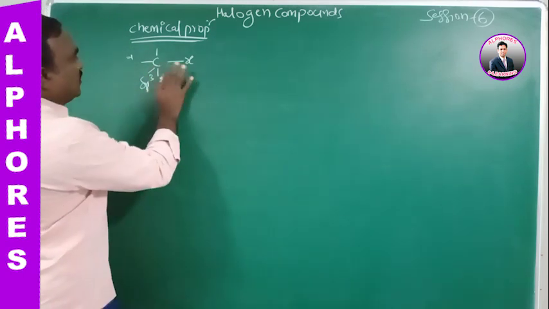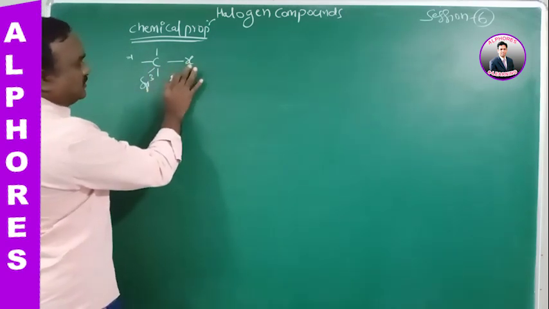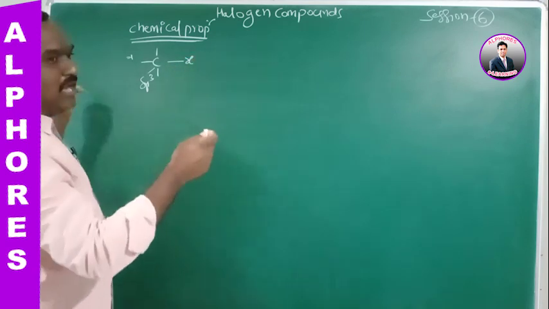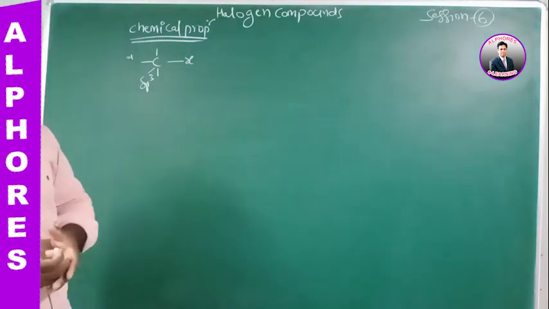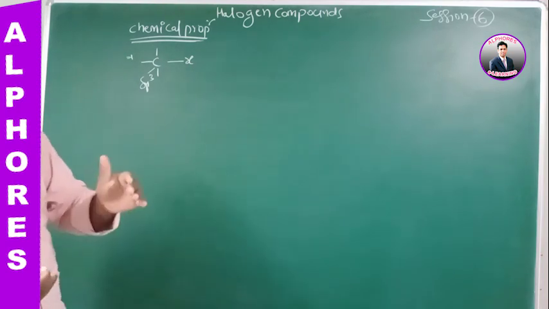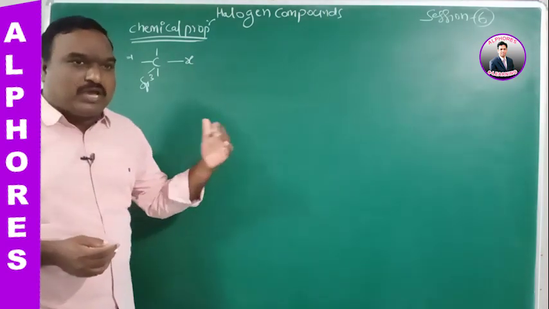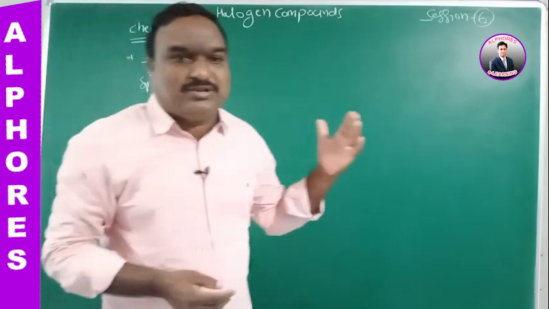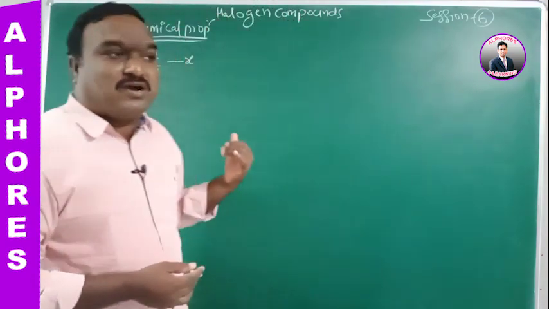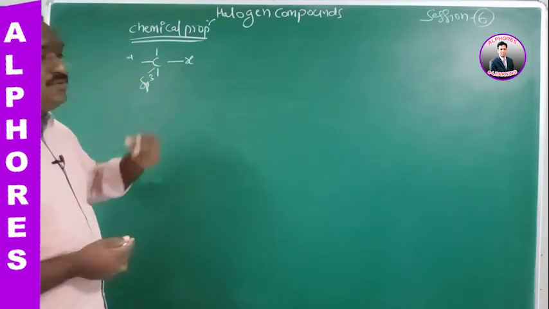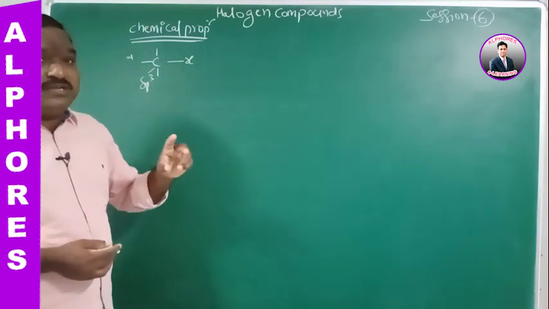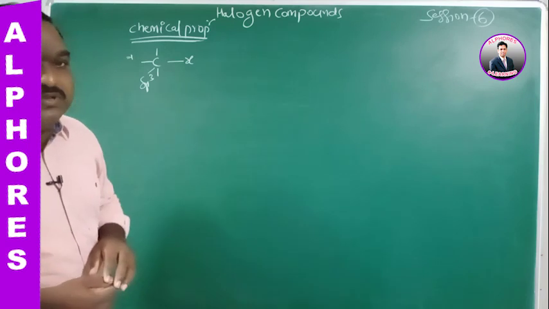But here we have carbon and halogen, where X is equal to halogens. Halogens are highly active and more electronegative elements. Compared to halogens, carbon's electronegativity is less. That means there is an electronegativity difference between the two atoms.